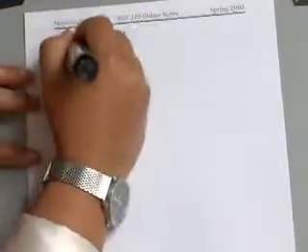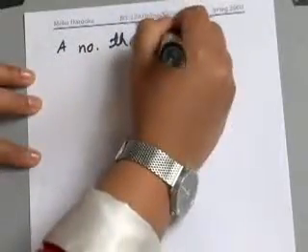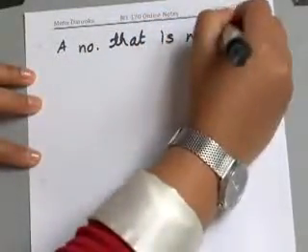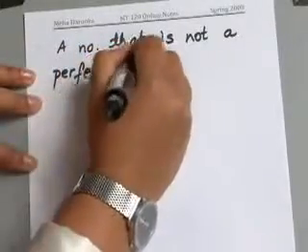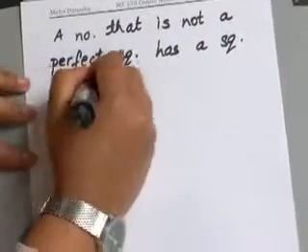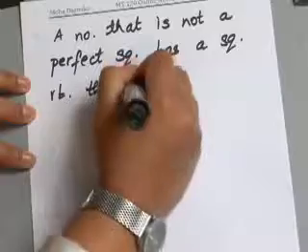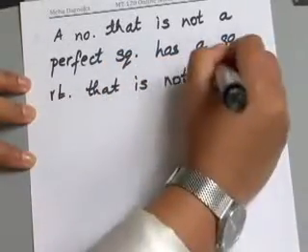So a number that is not a perfect square, and of course that will have a square root that is not a rational number.